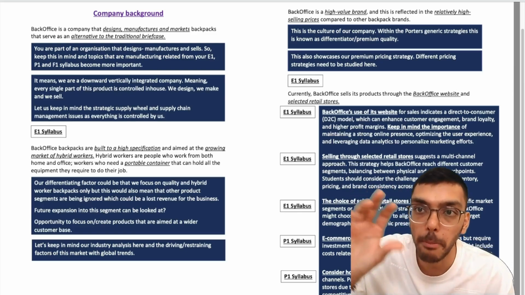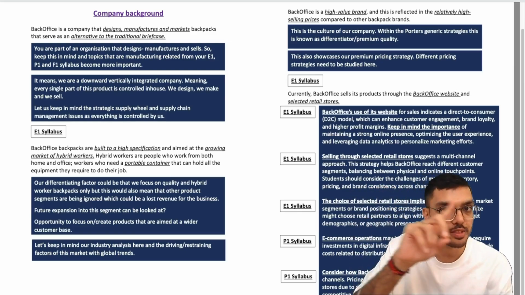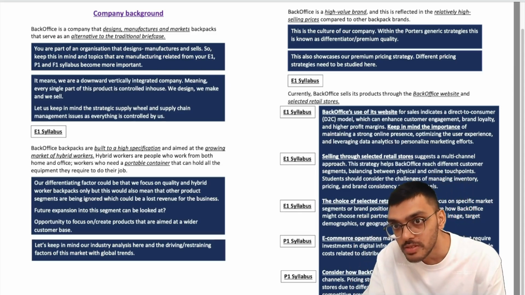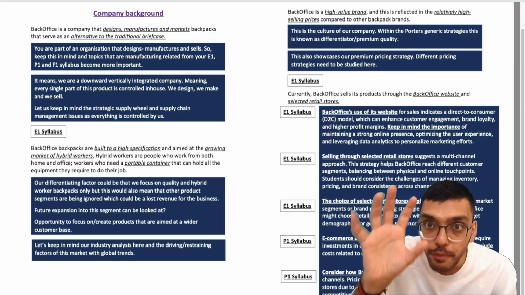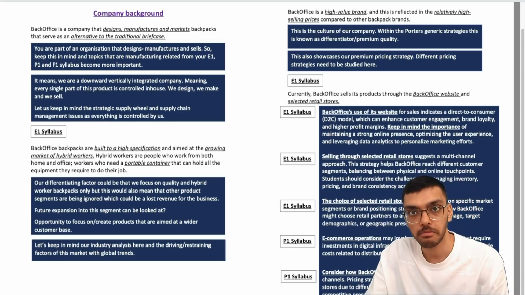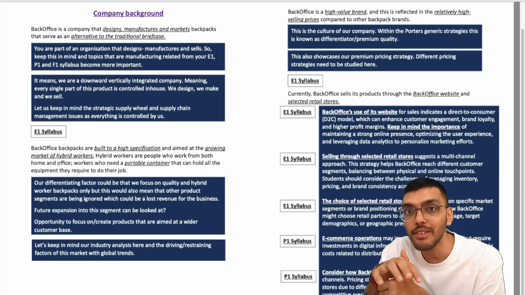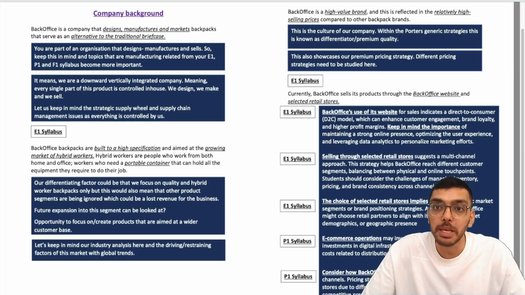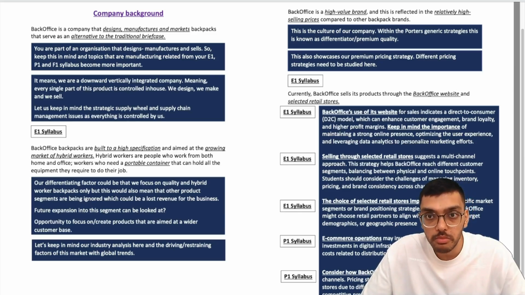So within the Porter's generic strategies from your E1 syllabus, if you've done your revision, all of this will make more sense. You are a differentiator, a premium quality supplier, because you are focusing on high value and high selling prices. So this also showcases our premium pricing strategy.